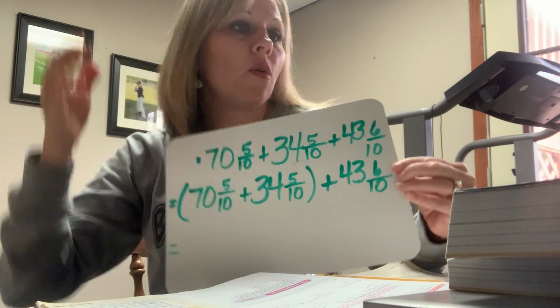So let's go ahead, and I'm going to go to my scratch sheet of paper, and I'm going to add 70 and 5 tenths plus 34 and 5 tenths. I have the same denominator, so I'm ready to add. 10 is our denominator. 5 and 5 gives me 10. Now 4 plus 0 is going to give me 4, and 7 plus 3 is 10.